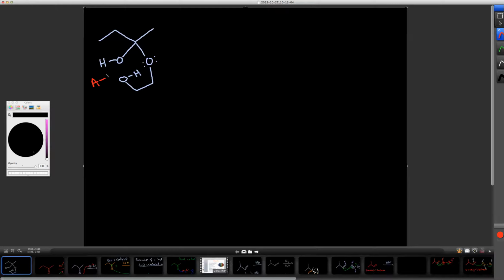We do have our acid that remains in solution. And we can protonate the other oxygen. In other words, all we've done is transfer a proton from our nucleophilic atom that attacked and made a new bond.